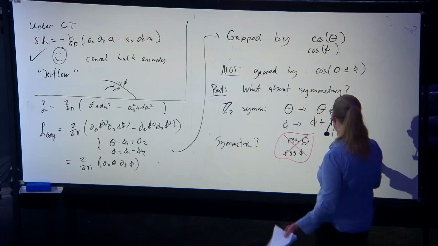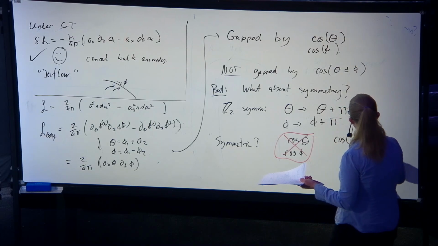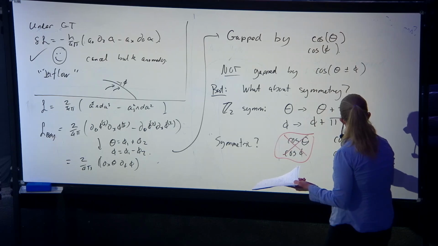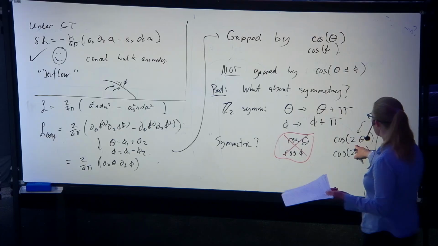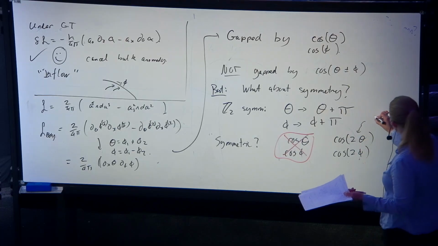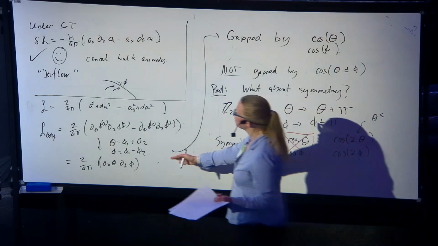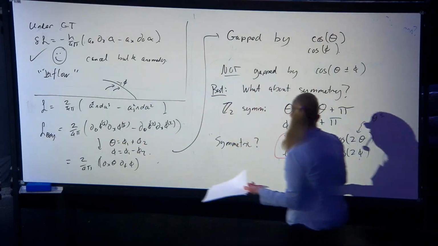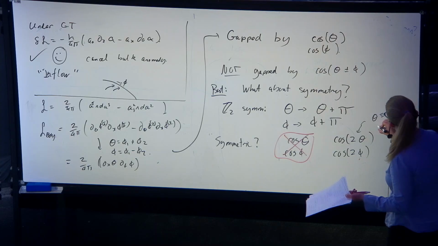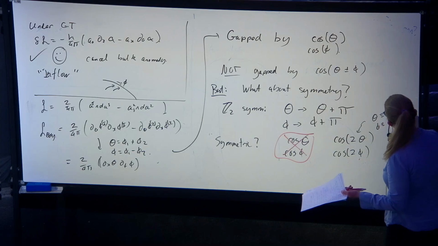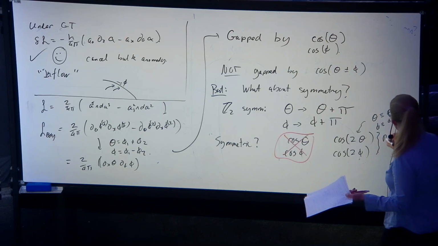Now, I can write down cosine of 2 theta and cosine of 2 phi, okay? But this factor of 2 is important, okay, because theta is a periodic variable, as is phi. Okay, so these guys are degenerate.